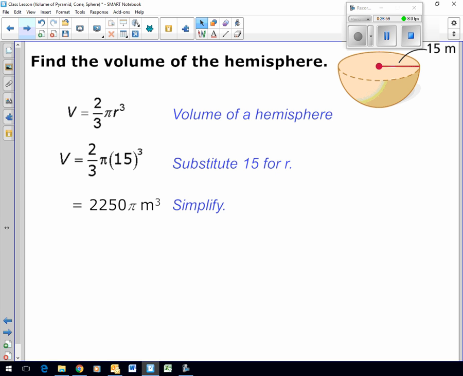You can use the other formula, but that's a whole other formula you have to learn, and it's not on your formula sheet. What does hemi mean? Half. Find the volume of the whole sphere, cut it in half by dividing by 2.